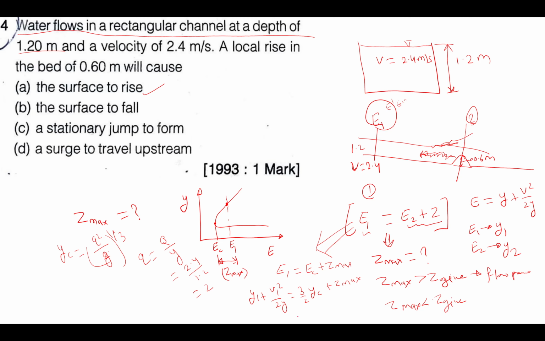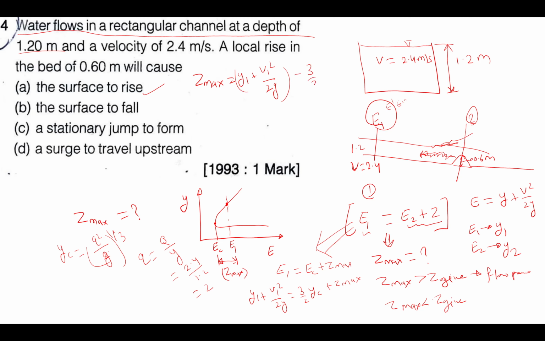Let me write the equation here. Your Z max is equal to Y1 plus V1 square by 2g, minus 3 by 2 YC. The question you can solve very easily, but for conceptualization I am taking the time.